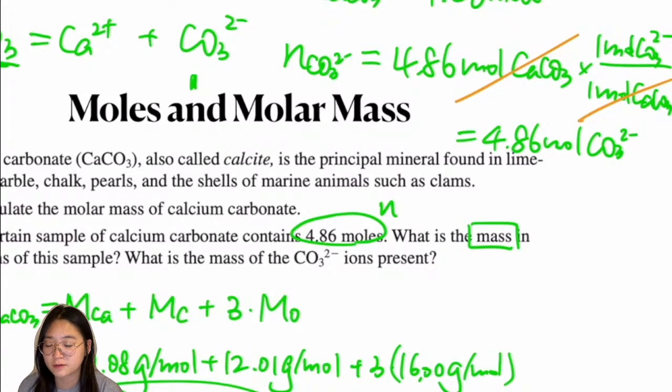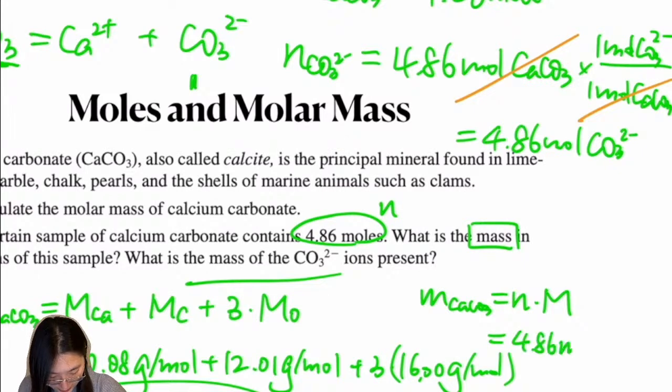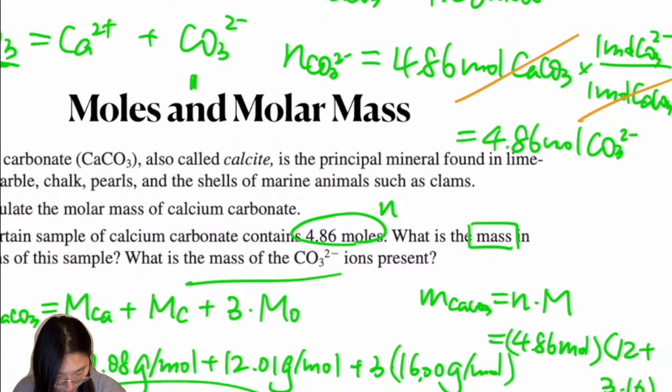Then we start from here to calculate the mass of the carbonate. The mass of the carbonate is equal to the number of moles times the molar mass of the carbonate. So that's 4.86 moles multiplied by the molar mass of carbonate, which is 1 carbon, 12, plus 3 oxygen, 3 times 16.